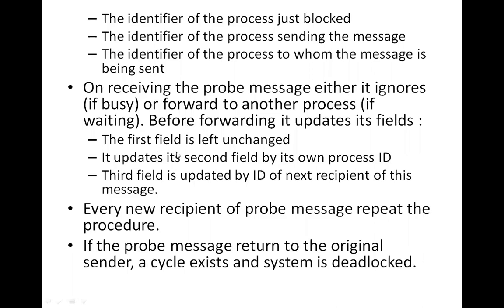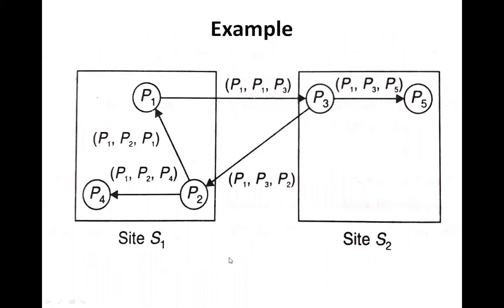Whenever it is received, if the receiver is busy, it will ignore it. If it is not busy, it will forward it. This process continues till the probe message returns to the original sender. Let us see an example, then it will be clearer how this algorithm works.